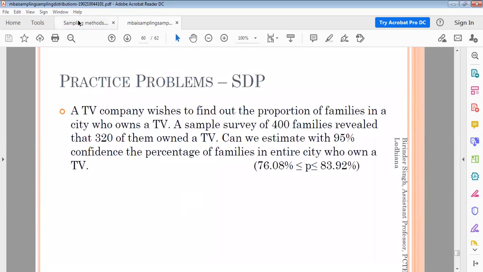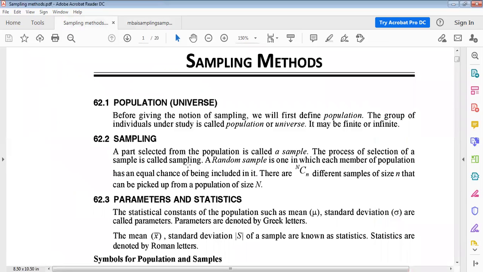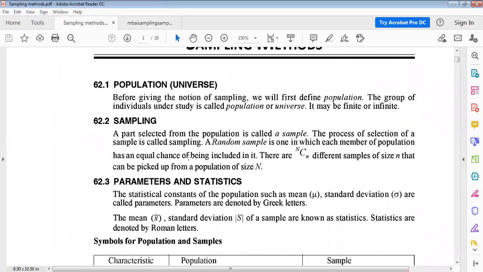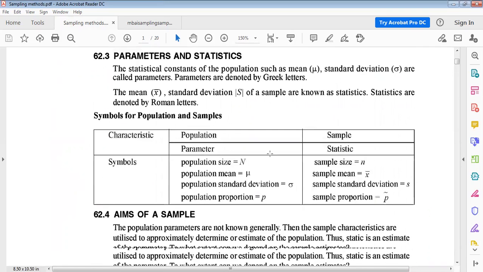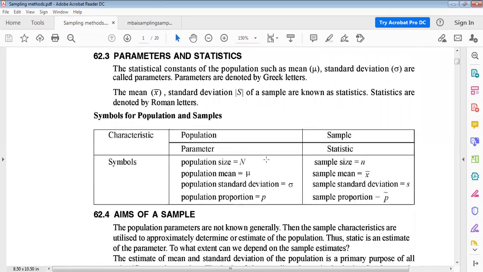Now let us start some sampling methods. What is population or universe? We have known sampling, parameters also. This is the population parameter symbols. This is the sample statistic and symbols.